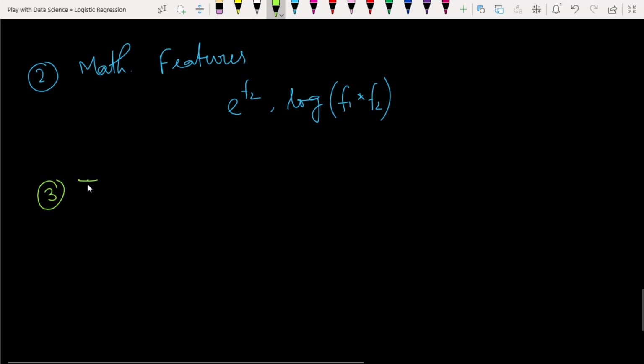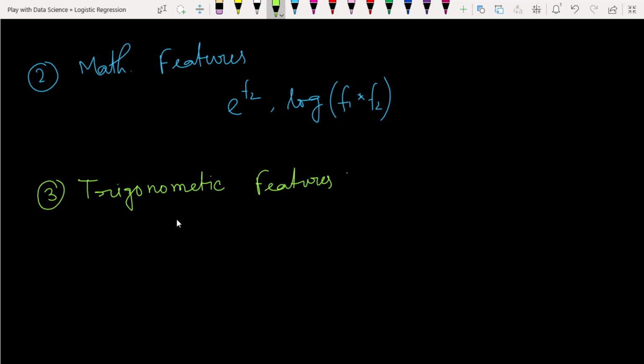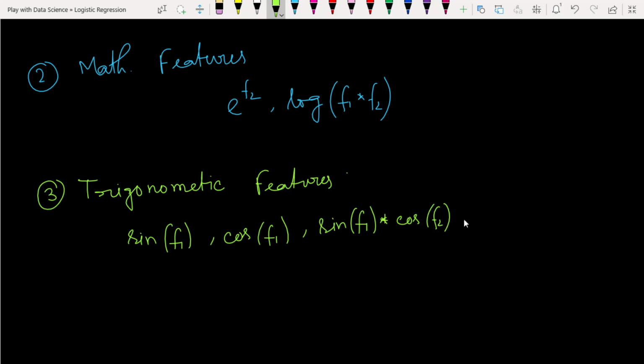Now the trigonometrical features. What are trigonometric features? Sine of f1, cos of f1, sine f1 into cos f2, sine f1 square.